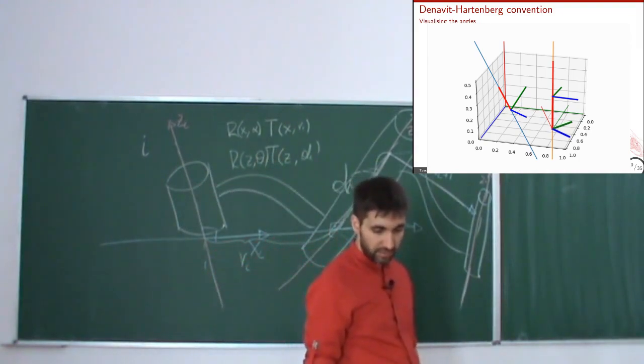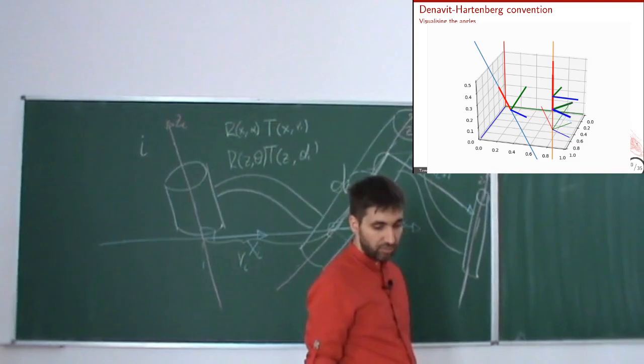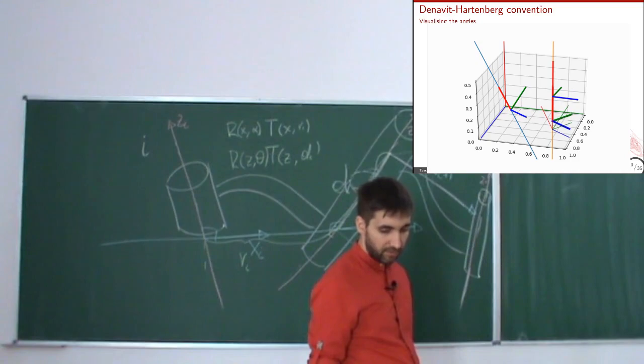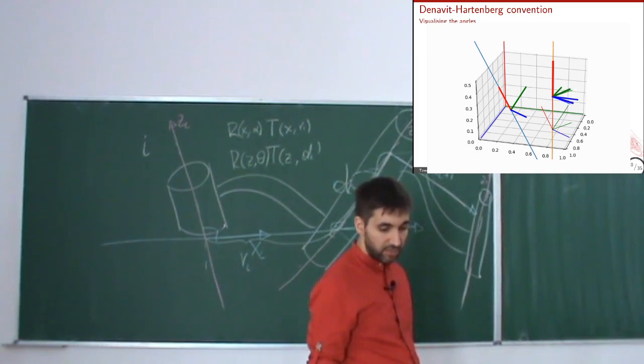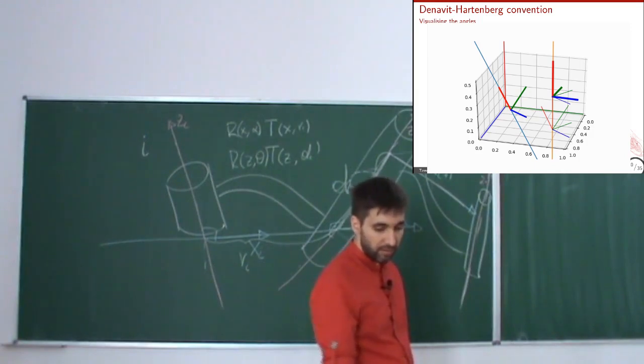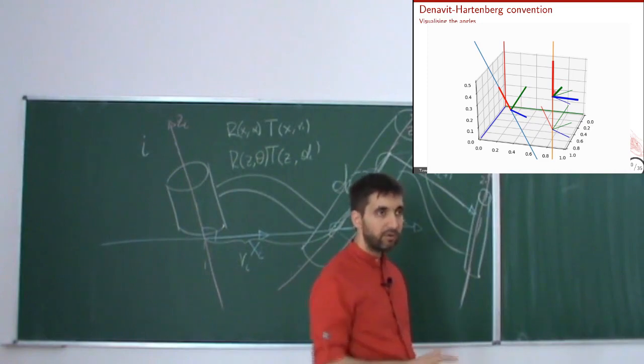So I do the translation on z. You see I go from here, here, from here, here. And then I do a rotation around z. And I end up from the first frame to the second one with 4 transformations.